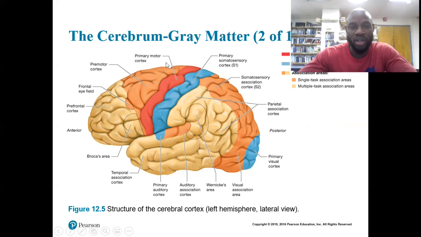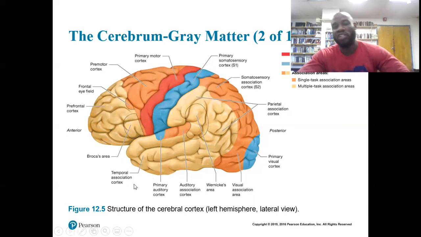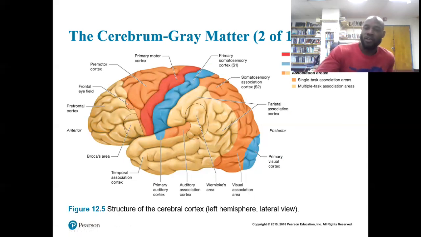Premotor cortex, primary motor cortex, somatosensory cortex, somatosensory association cortex. See all these different sections. Wernicke's area. This is when we talk about language and speaking. Auditory. This is where we're processing information that we've sensed from our ears. Primary auditory cortex, temporal association cortex, Broca's area, right? So all these different regions.